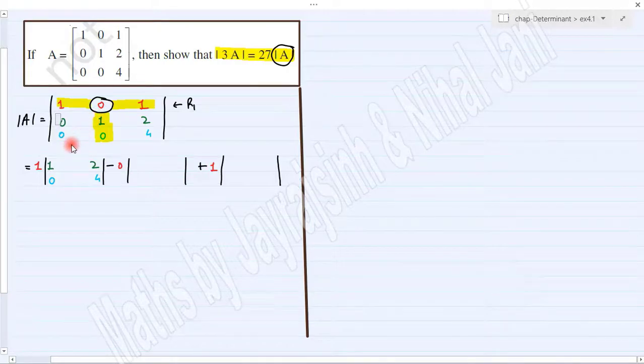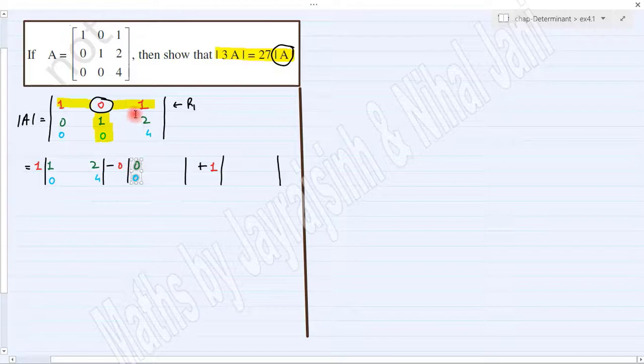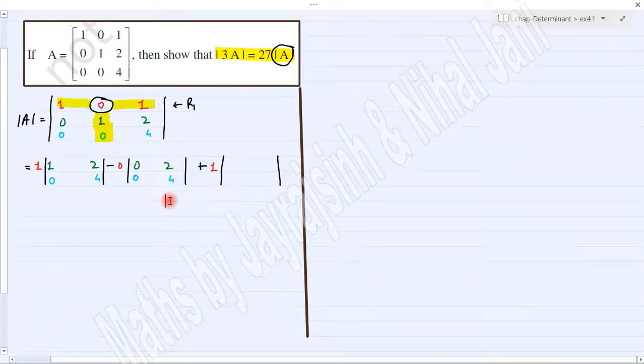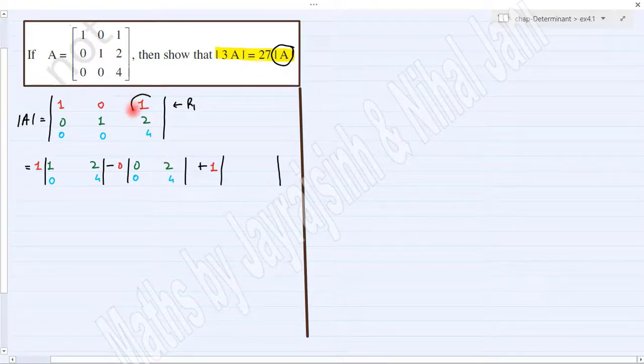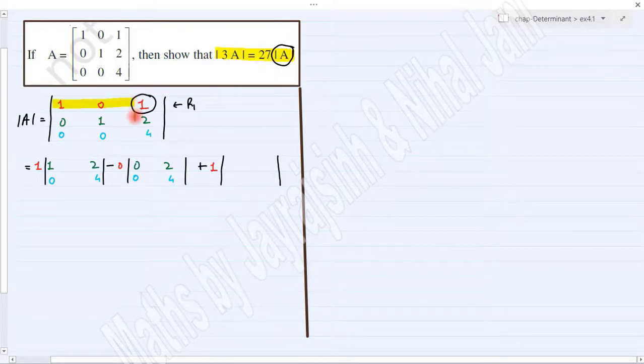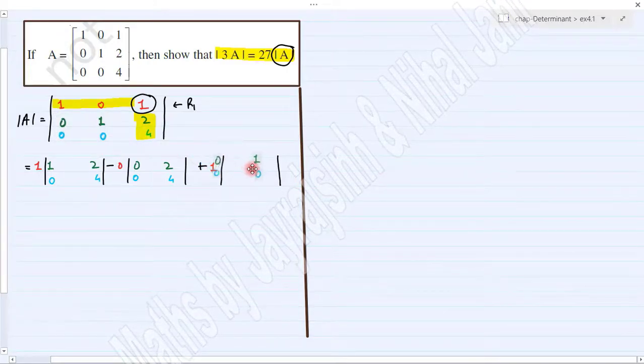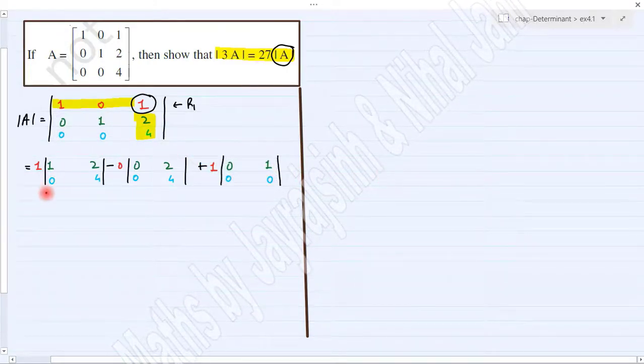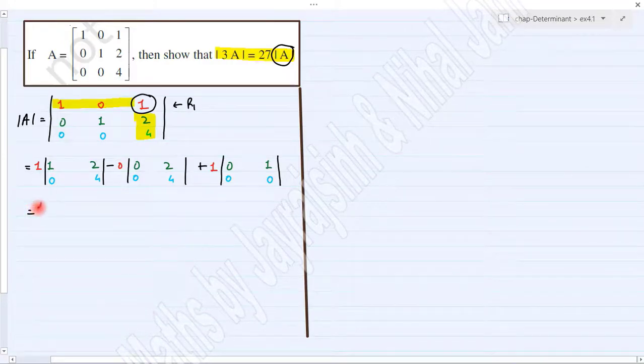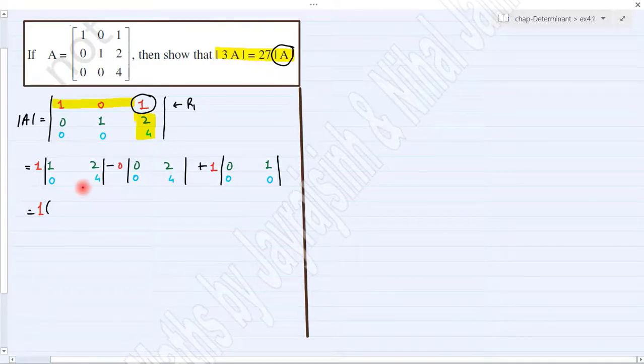So let's collect the remaining terms. Its first column will be 0, 0 and its second column will be 2, 4. And finally get the minor of the last element, which is in the first row and last column. So ignore them and you will get its minor. Place it over here. Now we get 2 cross 2 matrices, and to expand them you have to cross multiply.